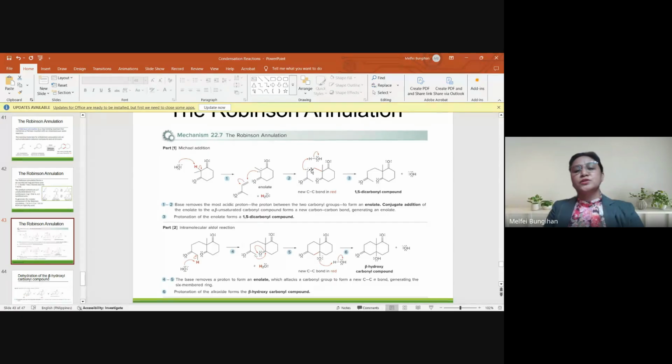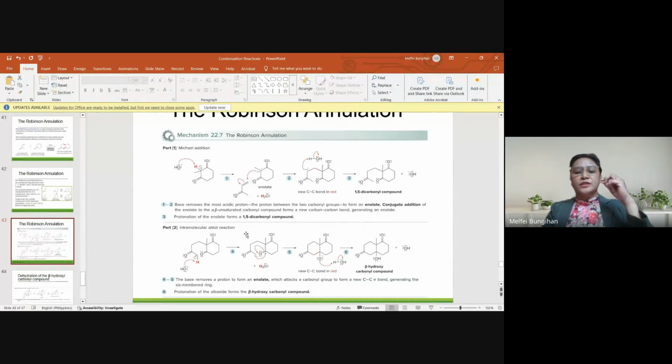Now your new carbon-carbon bond here is a sigma bond. Then from this reaction you form your dicarbonyl compound, a 1,5-dicarbonyl compound. And since you have your 1,5-dicarbonyl compound, your dicarbonyl can now form an intramolecular aldol reaction.